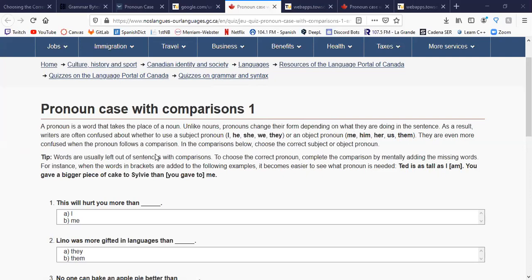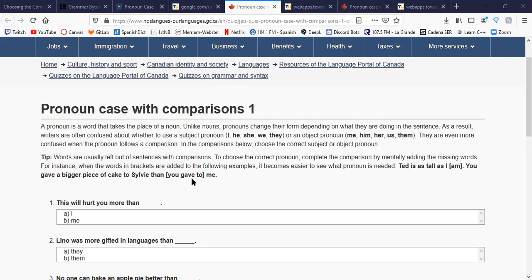Tip: words are usually left out of sentences with comparisons. To choose the correct pronoun, complete the comparison by mentally adding the missing words, which is what we've been doing. For instance, when the words in brackets are added to the following examples, it becomes easier to see what pronoun is needed. Ted is as tall as I, brackets am. You gave a bigger piece of cake to Sylvia than you gave to, brackets, and then me.